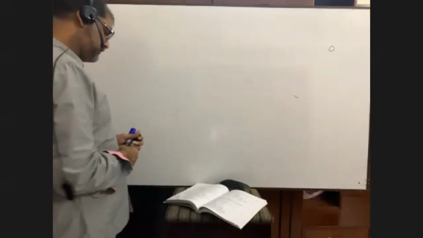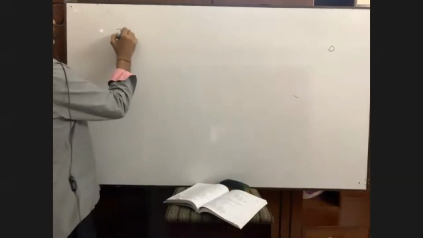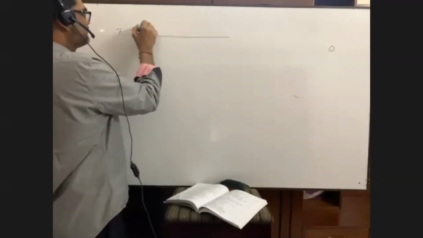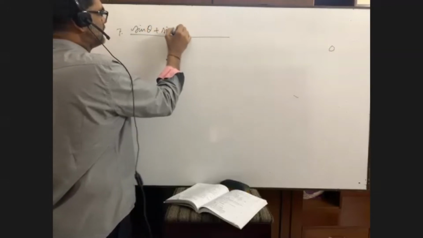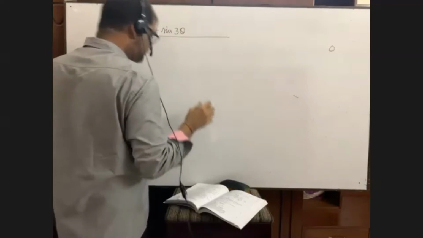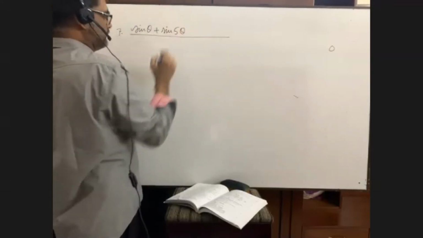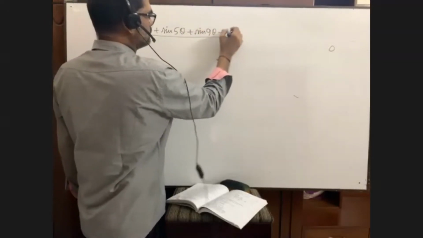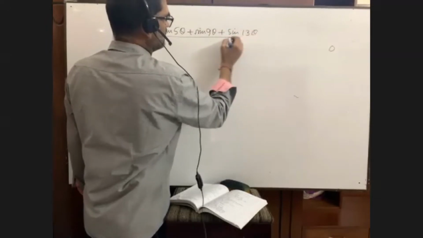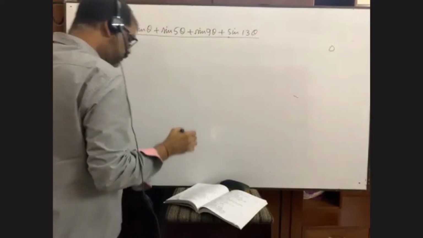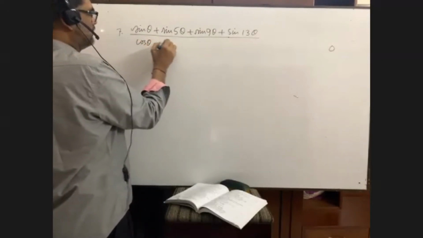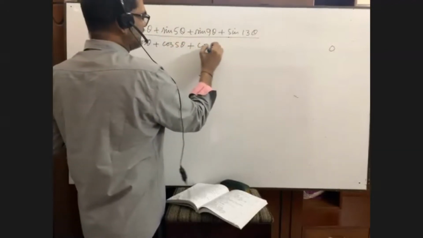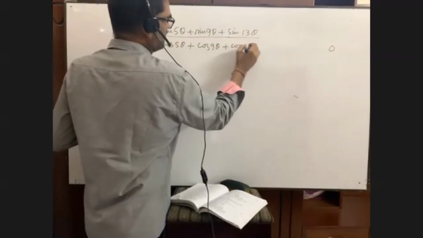I am going to another question, number 7. You write down: sin theta, sin 5 theta plus sin 9 theta plus sin 13 theta, by cos theta, cos 5 theta, cos 9 theta, cos 13 theta.